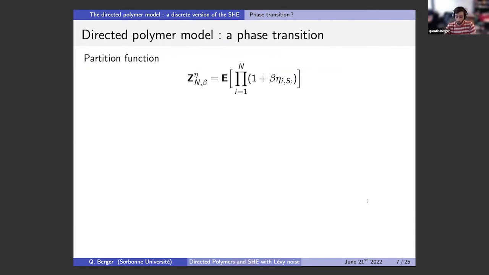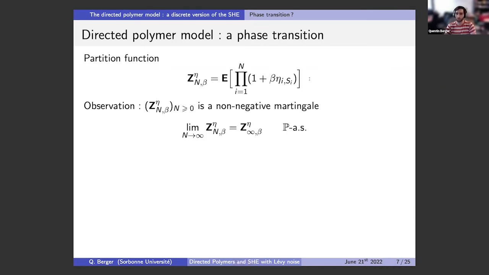Okay, so let me come back to the directed polymer. I will just review some results that people have had on this model, and the main result is the occurrence of a phase transition. If you look at this partition function, if you're a mathematician, you show that it's a non-negative martingale.